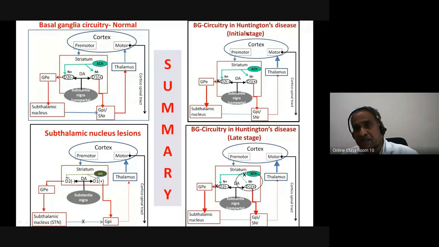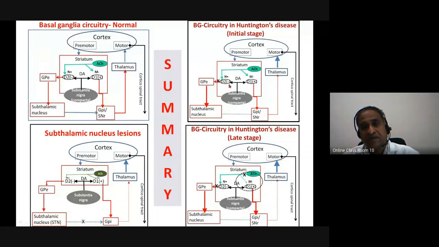Now come back here to Huntington disease. There is an abnormality starting either with the absence of D2 receptors or D2 receptor abnormality, or the loss of the GABAergic neurons coming from the striatum to the globus pallidus externa.